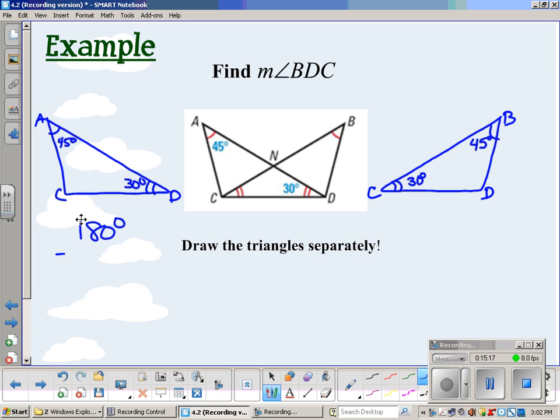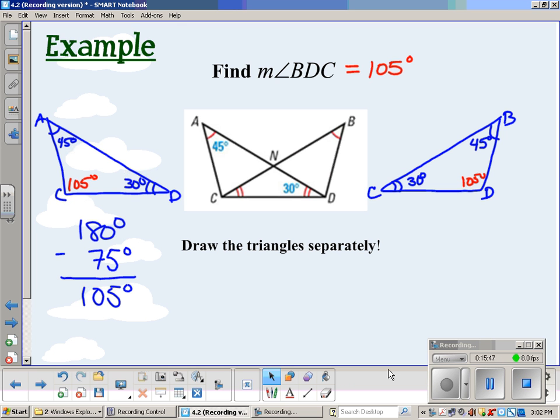Well, 30 plus 45 is 75. So I need to subtract 75 degrees to find out how many are left for my two third angles. 105 degrees is what's left. So that is the degree measure for angle ACD and also angle BDC, which is the one we were looking for. So that's the answer to our question, 105 degrees.